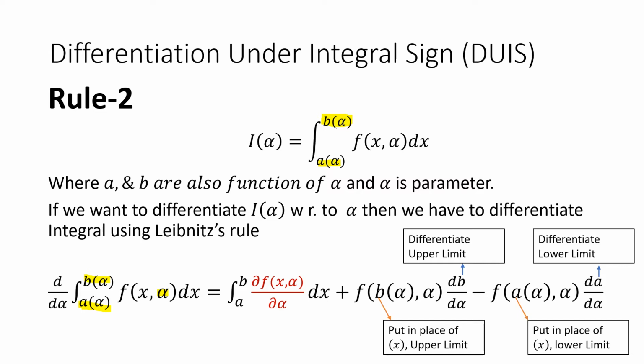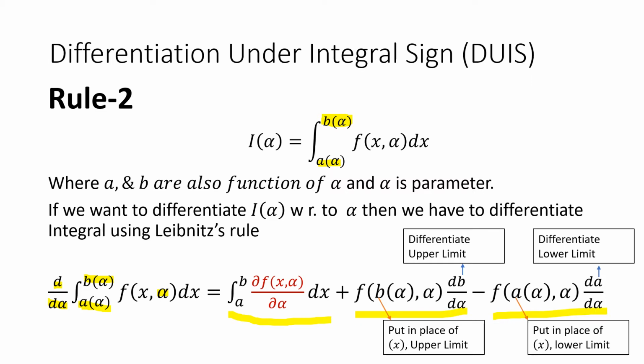When we want to differentiate this type of integral with respect to the parameter alpha, d by d alpha of the integral from a of alpha to b of alpha of f of x, alpha dx, we will get three terms. The first term we get due to f of x, alpha, the second due to the upper limit, and the third due to the lower limit.